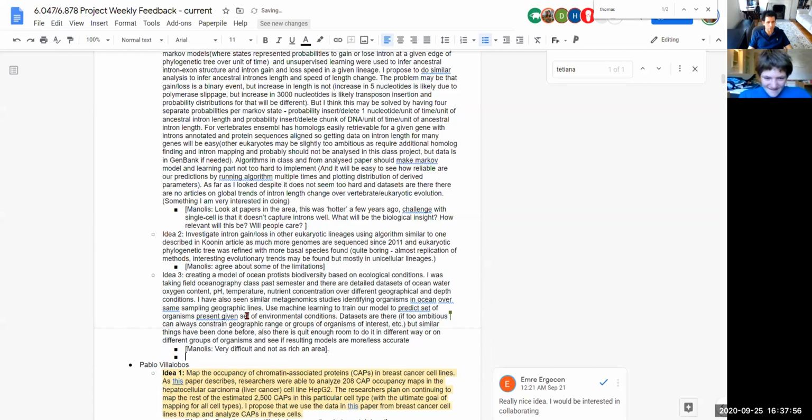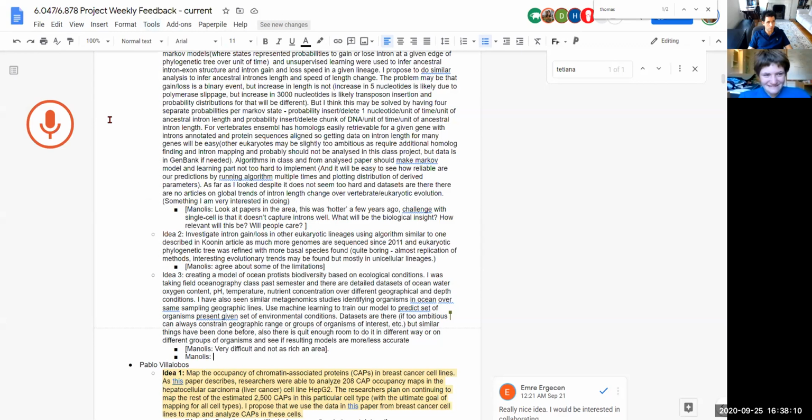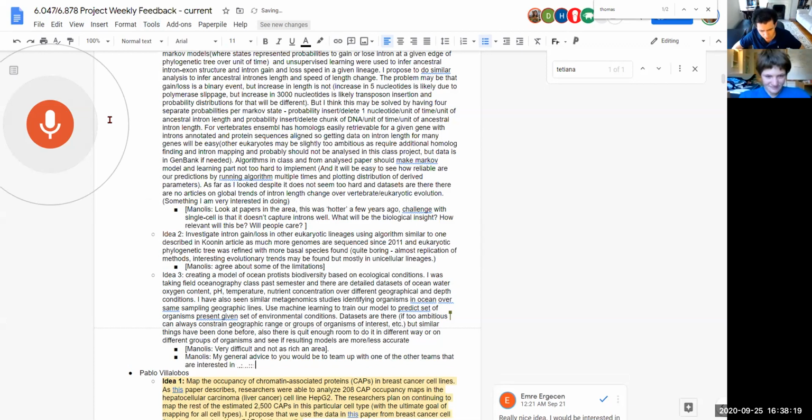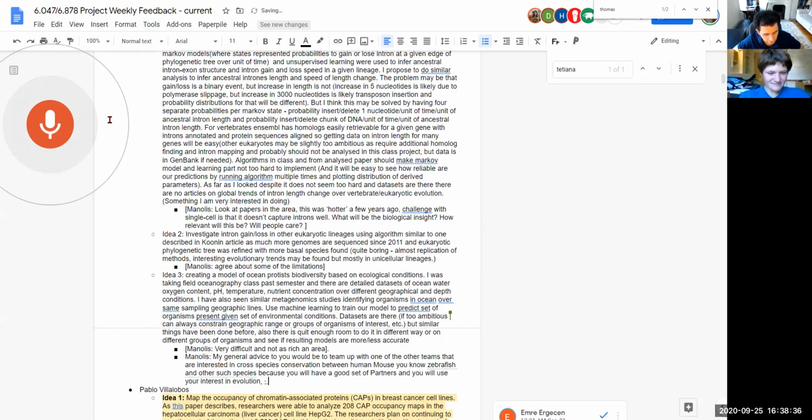So basically, my general advice. What do you mean, not a solution area? Hold on one second. Let me just dictate my thing. So my general advice to you would be to team up with one of the other teams that are interested in cross-species conservation between human, mouse, zebrafish, and other such species, because you will have a good set of partners and you will use your interest in evolution to the maximum while finding partners already.